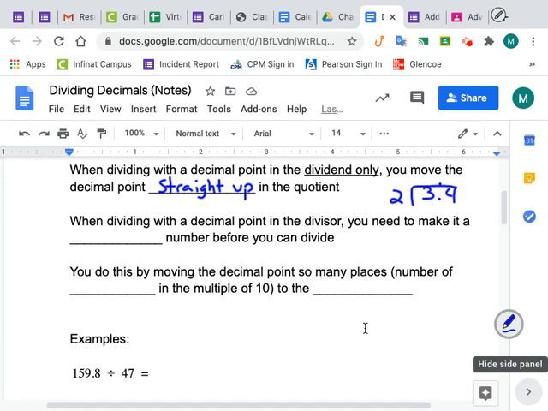When dividing with a decimal point in the divisor, you need to make it a whole number before you can divide. You can do this by moving the decimal point to the right so many places, or the number of zeros in the multiple of 10.